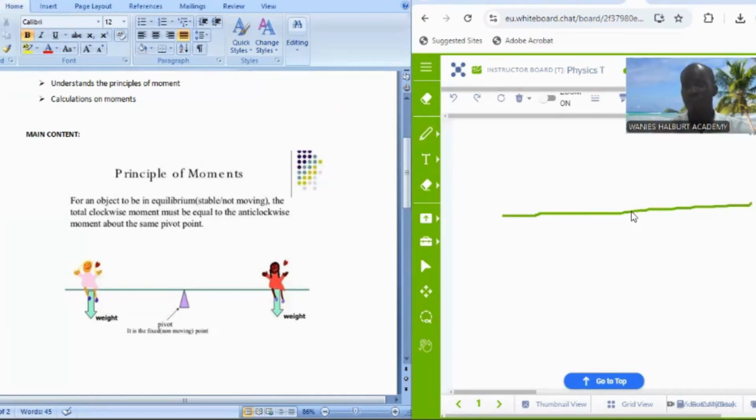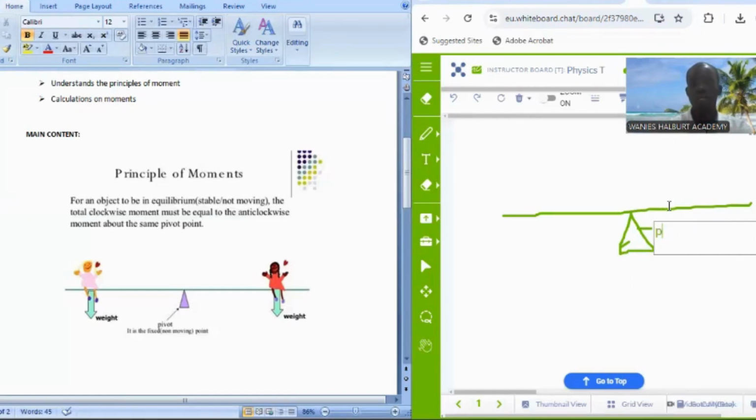So when we talk about pivot point, let's say we have something like this in the form of a seesaw. Here we have the pivot. This particular support area is what is known as the pivot. It is also called the fulcrum. Sometimes you see people calling it support. So we have about 3 names for the same item. In case you see teachers mentioning all of these 3 names, don't be confused.